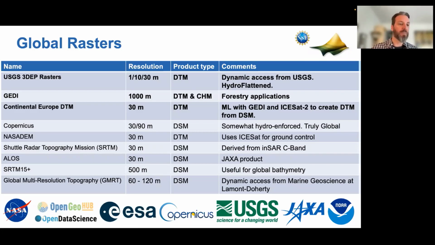The last one I want to mention is our continental European DTM. This was created by the group at OpenGeoHub and Open Data Science. They did a really cool project where they created a digital terrain model using machine learning. They basically applied GEDI and ICESat-2 LiDAR to get ground surfaces and apply that to existing DSM models.